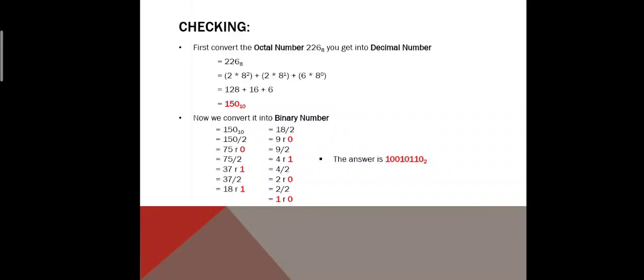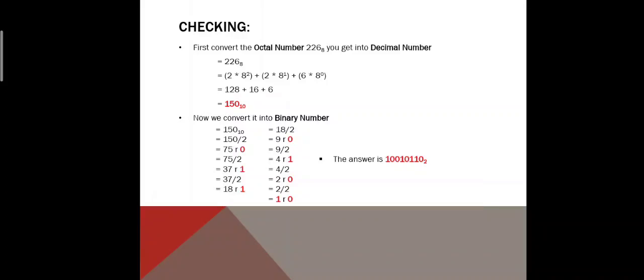Kaya 8 siya kasi octal number at yung base niya ay 8. So, 2 times 8 raised to 2 equals 128 plus 2 times 8 raised to 1 equals 16 plus 6 times 8 raised to 0 is 6. Ang kakalabasan ay 150.